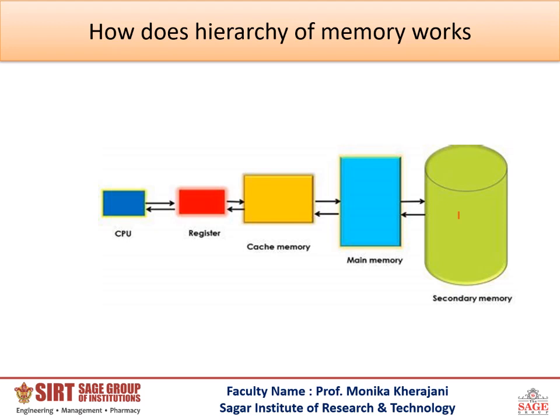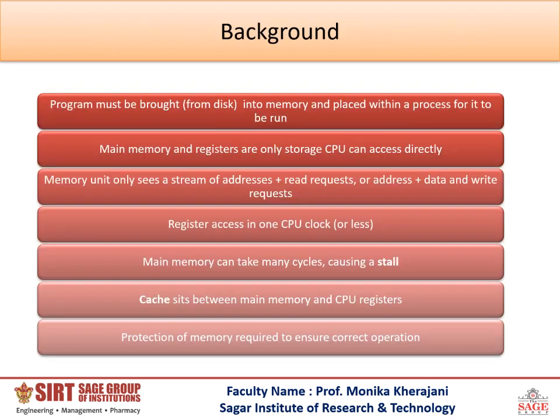By default, all programs are stored in the secondary memory, but when we run or execute a program, it should be moved from the hard disk to the main memory. In this way, we achieve all three criteria which we discussed in the previous slide.